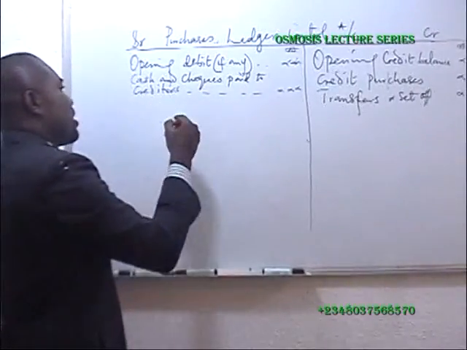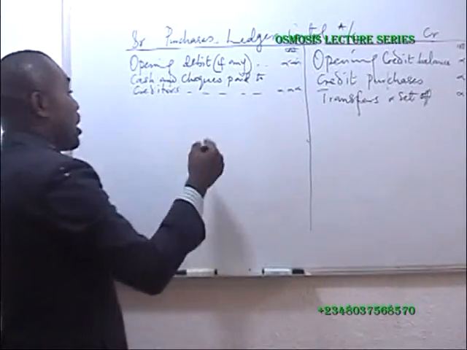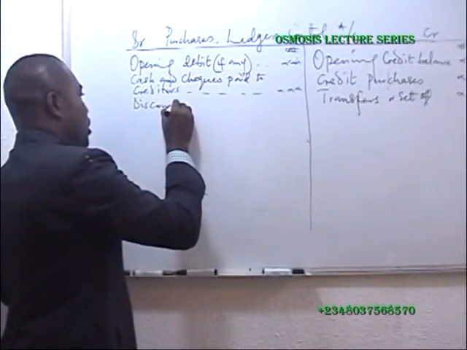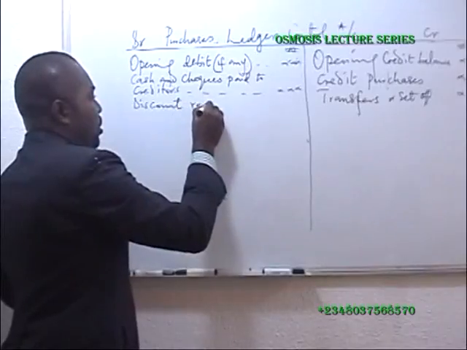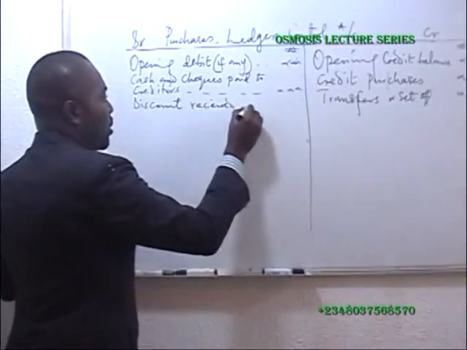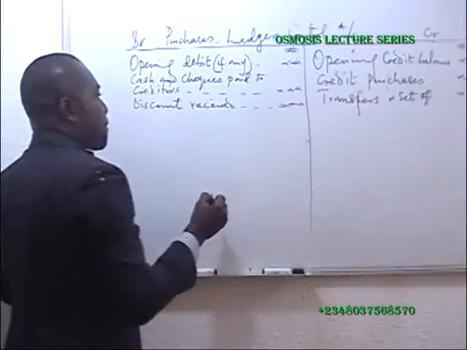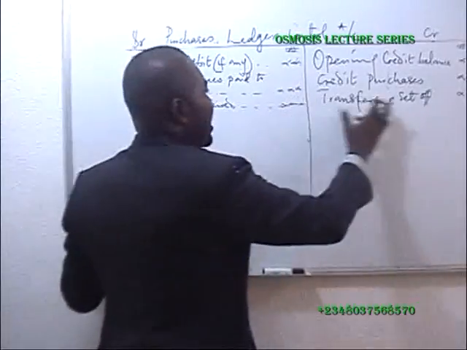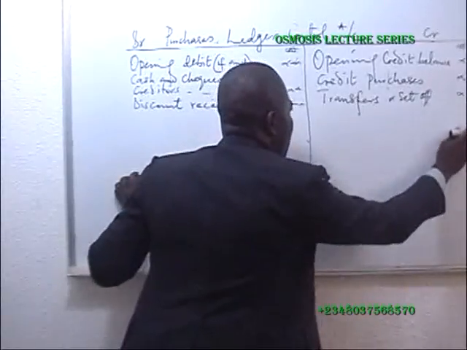Discount. So we say it is discount received. They may give you discount. So we call it what? Discount received. And this thing here automatically reduces the amount you are owing.